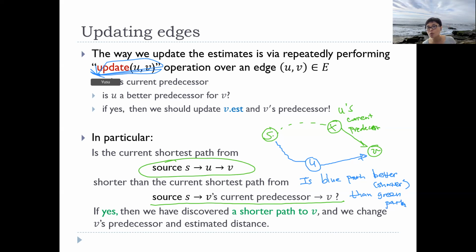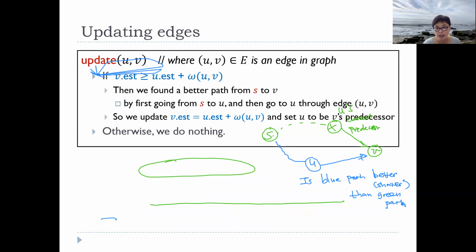If the answer is yes, that means I discovered a shorter path from S to V, which is through U. So then we simply change V's predecessor from X to U, and also update this estimated distance. All right, so algorithmically, what do we do? We're doing the update on edge UV.